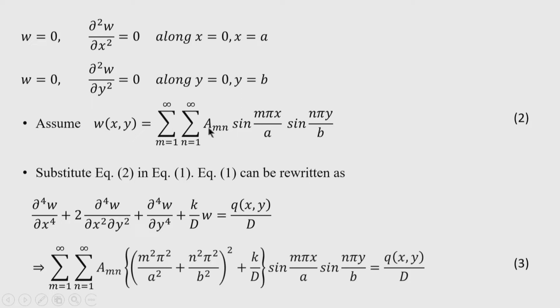So, A m n into sin m pi x by a into sin n pi y by b, where m and n are integers. You have noted in my first lecture, while I was discussing the simply supported conditions of a rectangular plate, that the deflection surface is composed of half waves in the x as well as y directions.